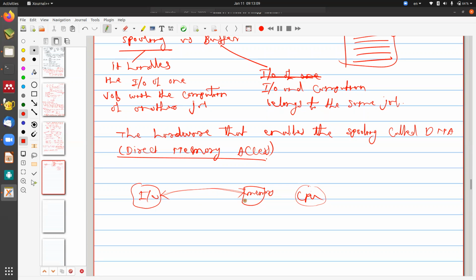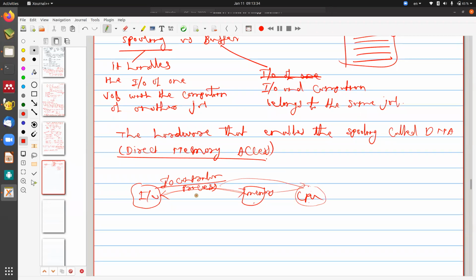Rather than doing this, what it does is this: every IO has an IO controller. We have studied this. This IO controller has a processor. The CPU has assigned this job to this processor: you please transfer this data between your IO and the memory. The moment you complete this work, please inform me once.